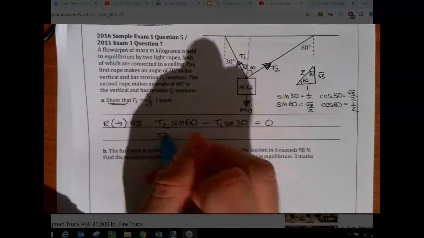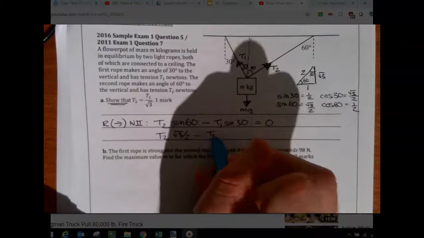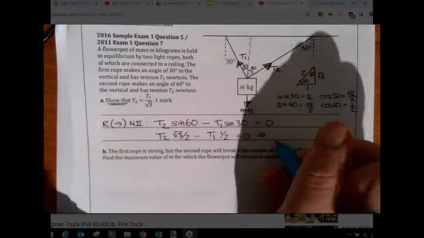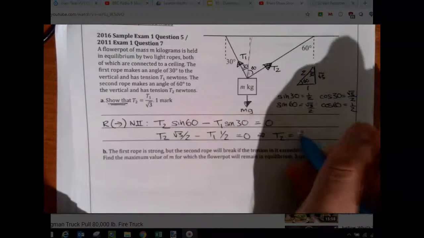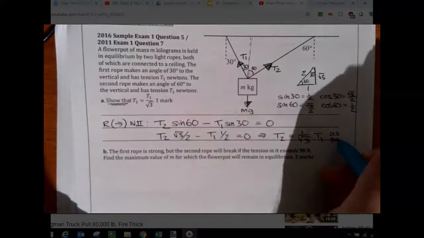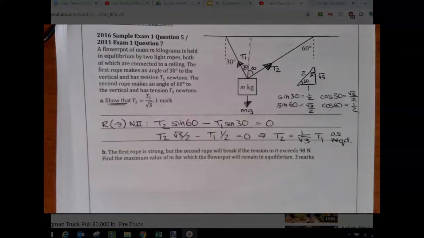So, T2 times root 3 over 2 minus T1 times a half equals 0, and we simplify that, T2 equals 1 over root 3 T1 as they require. Nice.